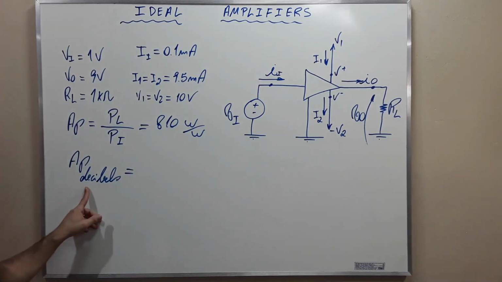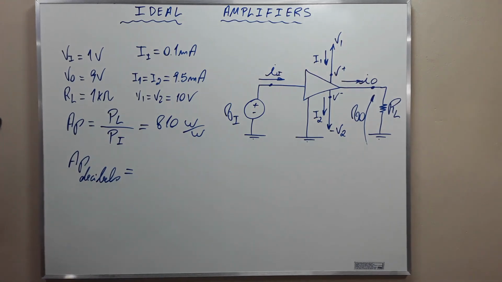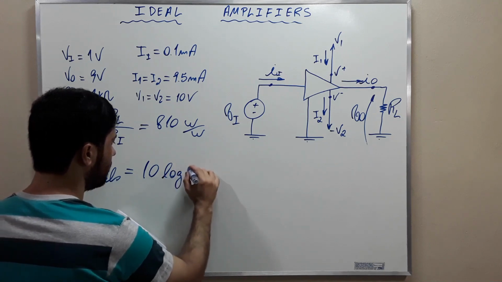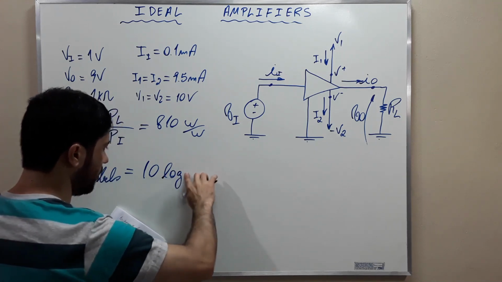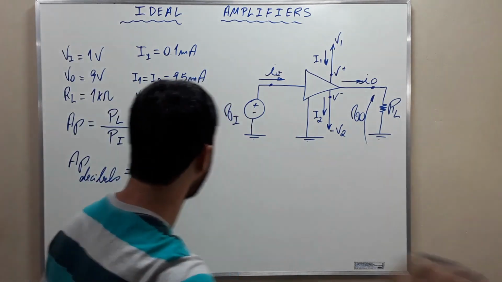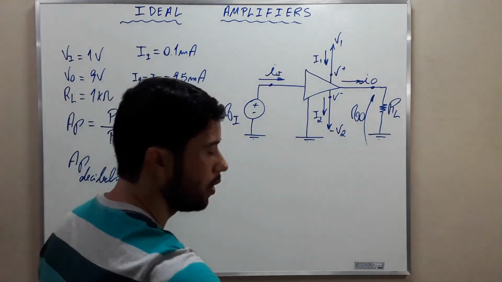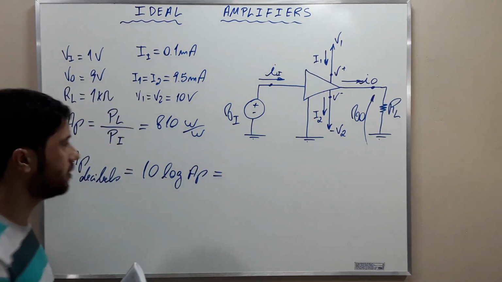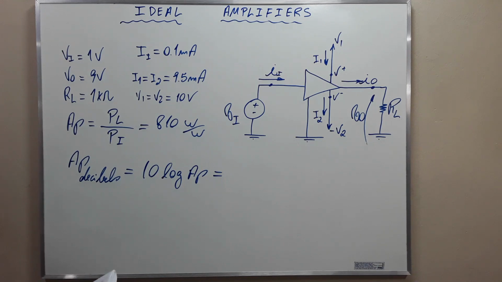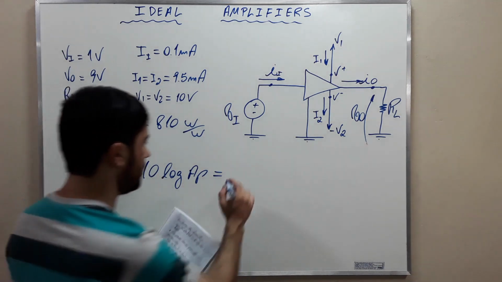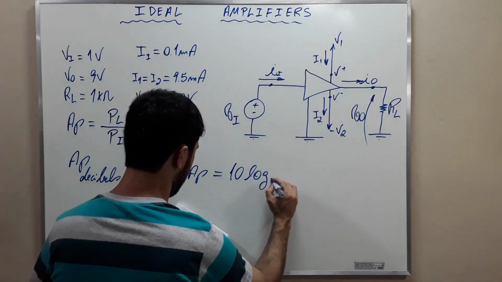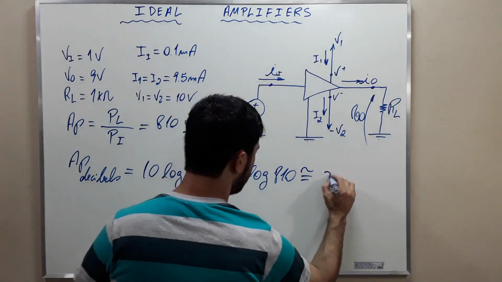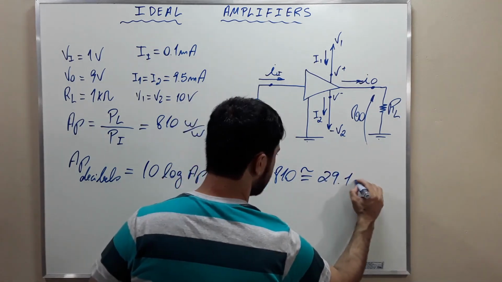The power gain in decibels is equal to 10 times the logarithm of, now here we don't need the absolute value, okay, of this value here, AP, we just calculated it, and then it is 10 times the logarithm of 810, which is approximately equal to 29.1 decibels.